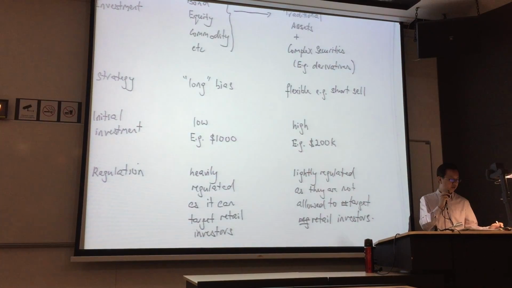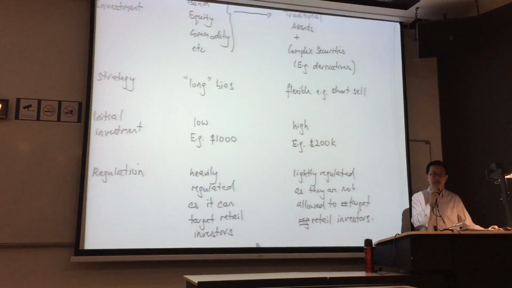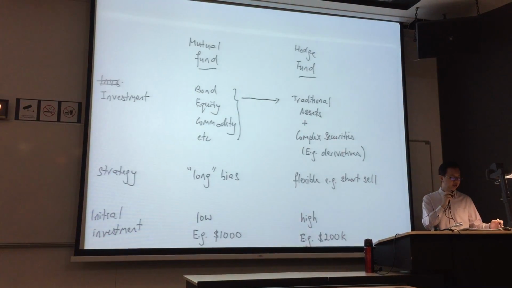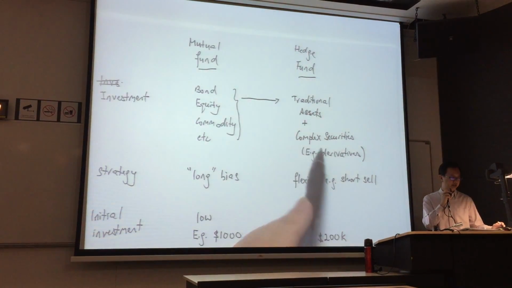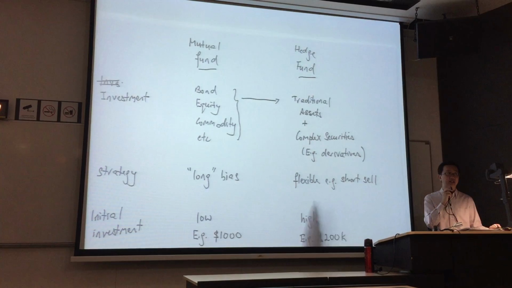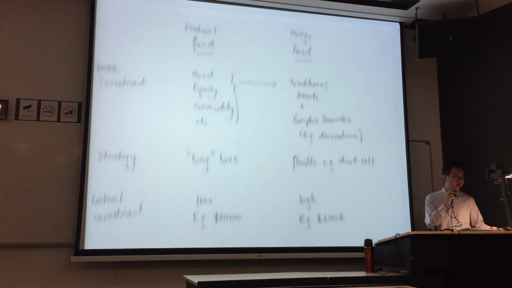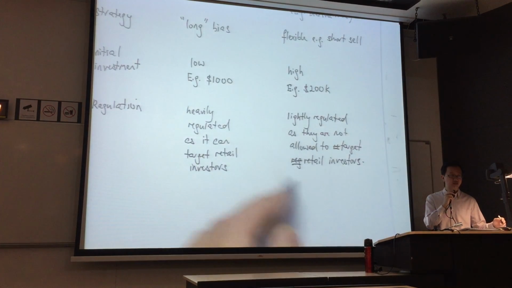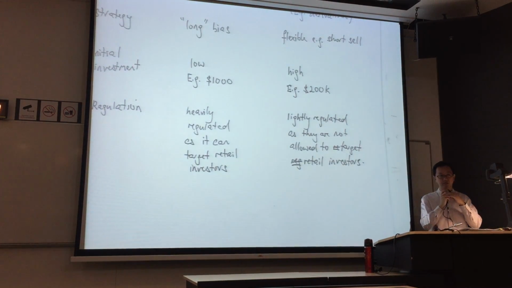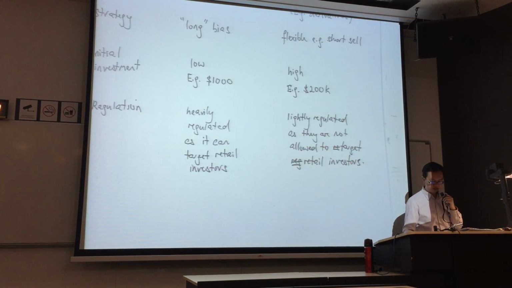So this is partly because the type of hedge fund could be risky as they invest in complex securities, and the strategy is high risk as well. So you must know this hedge fund's target niche market is actually very small.